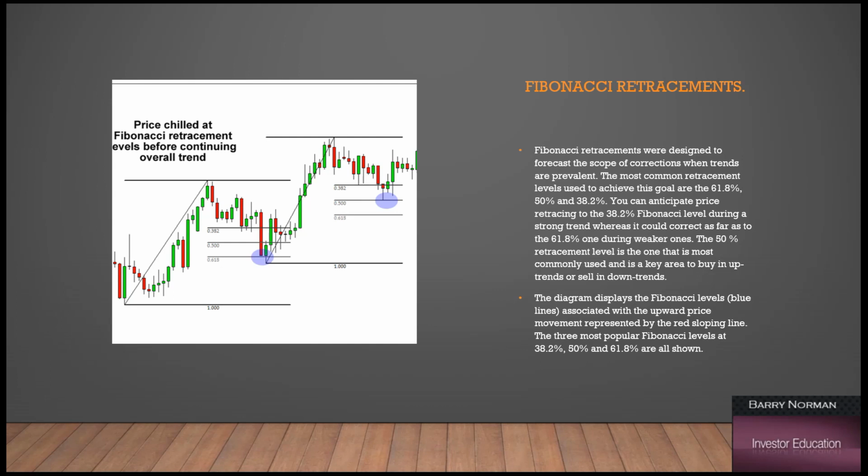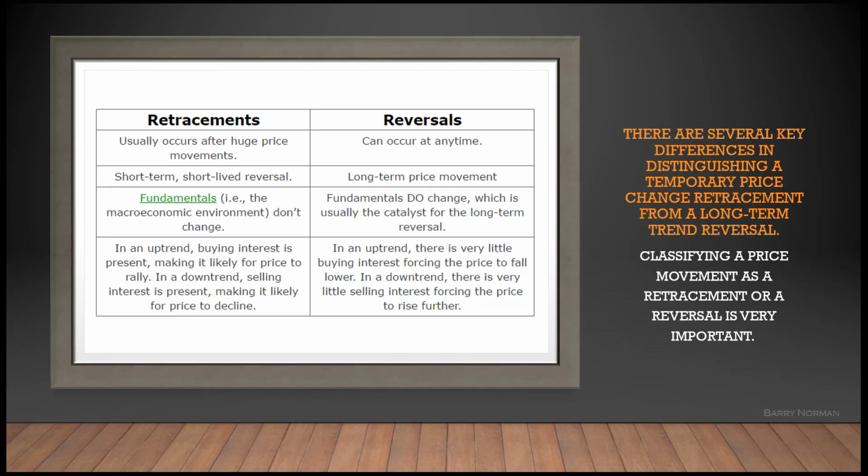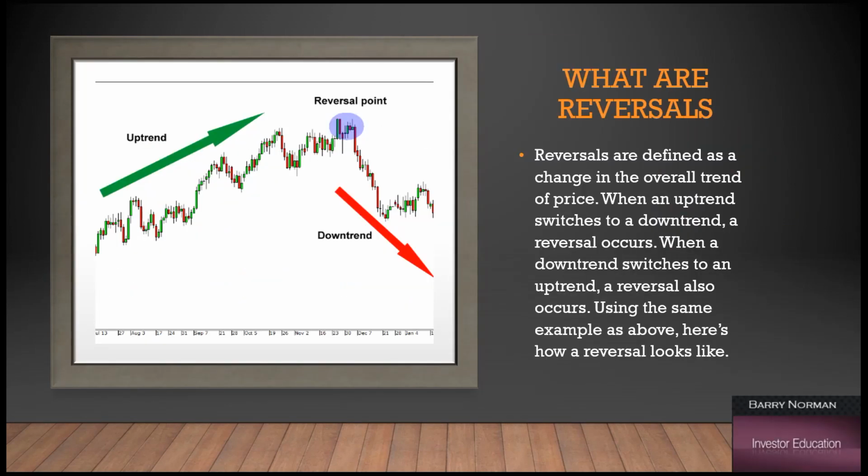And Fibonacci will help you, as well as support and resistance levels, determine how valid that turning point is in that movement, and whether we're looking at a reversal or a continuation pattern. So reversals are defined as a change in the overall price trend, whereas continuations are just slight movements.